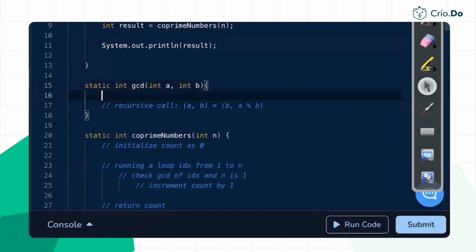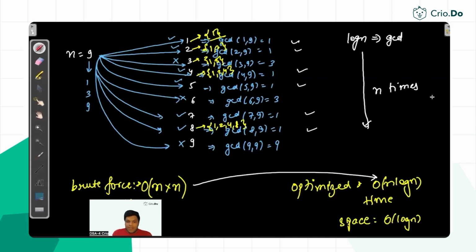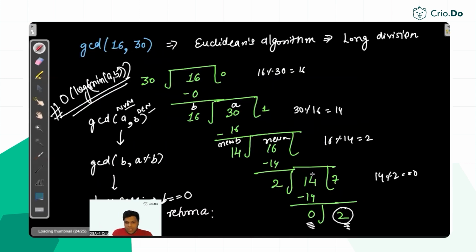But before making the recursive call, check whether it is a base case. And what is the base case? If the denominator, that is the second parameter, is 0, then the numerator is the answer. So return A. Otherwise, return whatever we get from the recursive call, that is our answer also. Whatever GCD of 14 comma 2 is, that is the GCD of 16 comma 14, of 30 comma 16, and of 16 comma 30. So just return whatever we are getting.